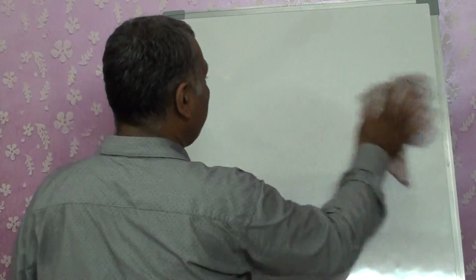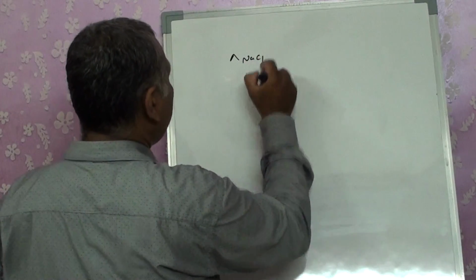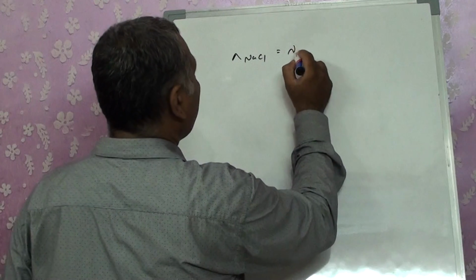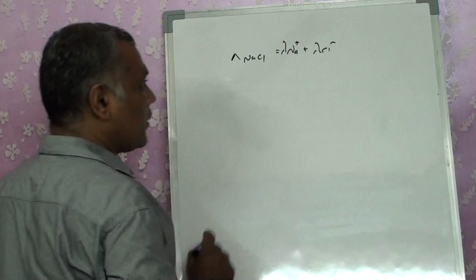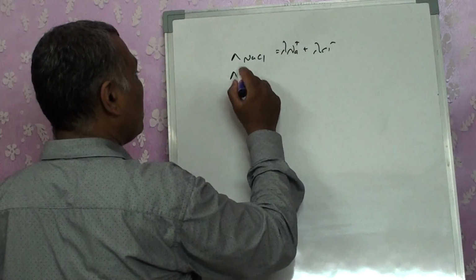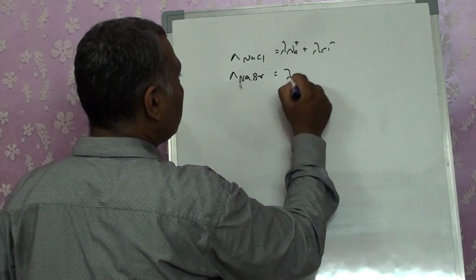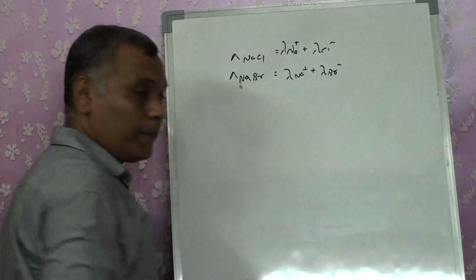If I take the conductivity of NaCl, I get the conductivity of Na plus and Cl minus. If I take the conductivity of NaBr, I get Na plus and Br minus.